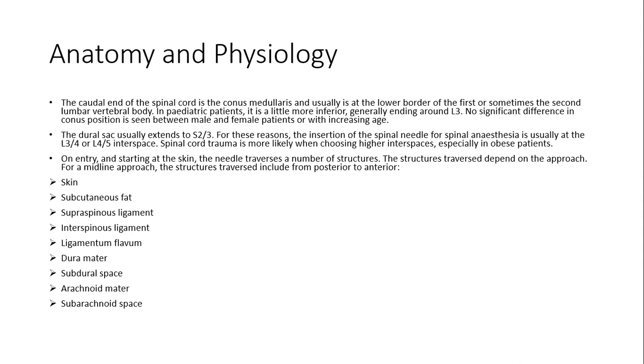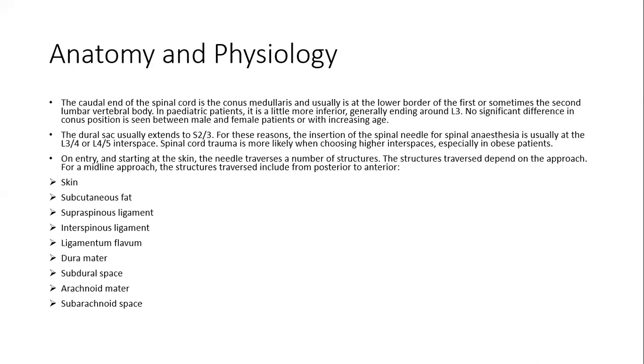On entering, starting from posterior to anterior, there are different levels of structures you will encounter. If you're starting with the midline approach, you start posteriorly, you first assess the skin, which will require a very strict aseptic technique. Then you traverse through the subcutaneous fat, supraspinous ligament, interspinous ligament, then the ligamentum flavum.